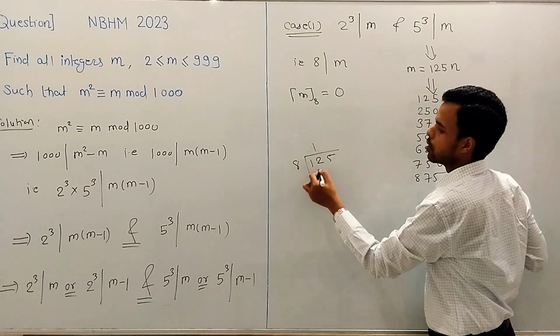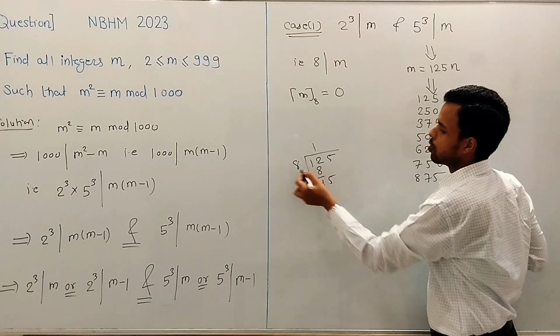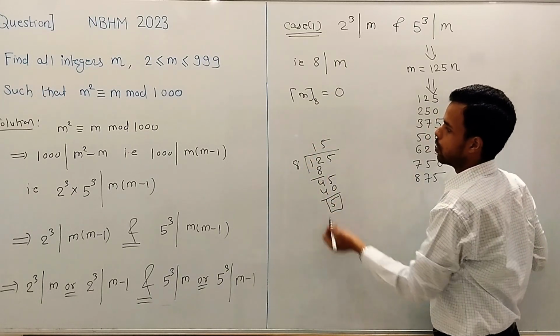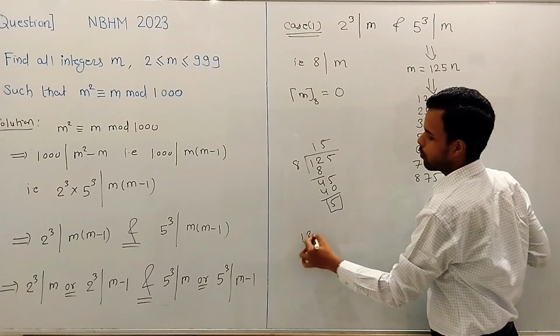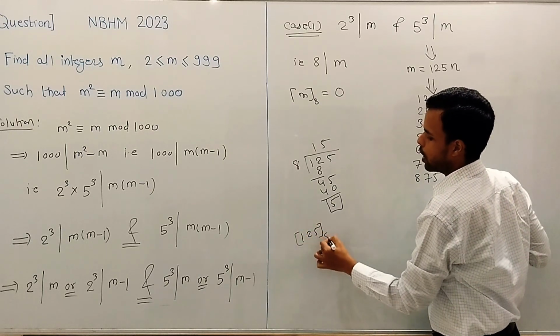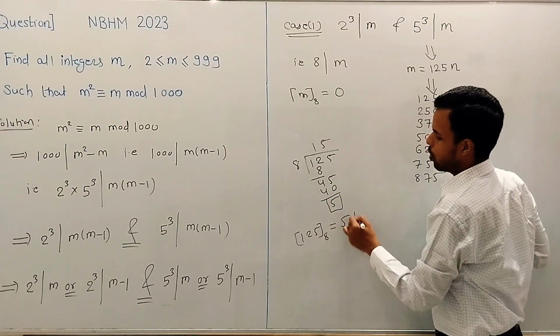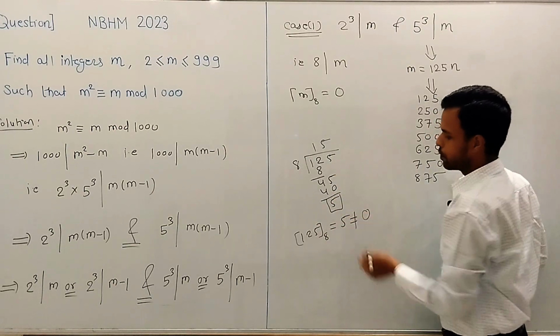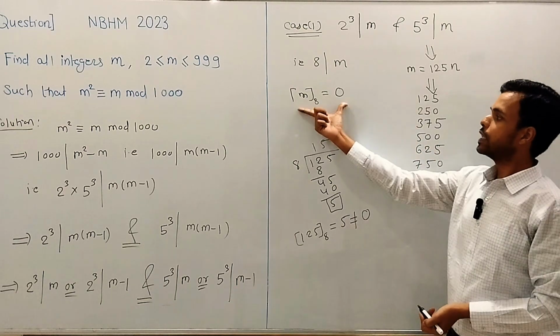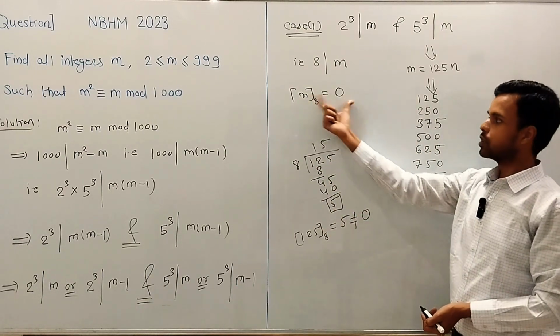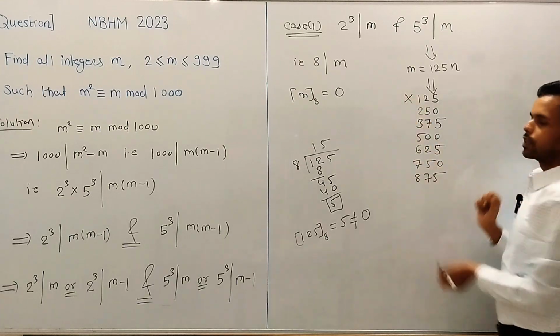The remainder is 5. So from here we see that 125 modulo 8 is equal to 5, not equal to 0. So 125 does not satisfy this condition, and 125 is discarded.